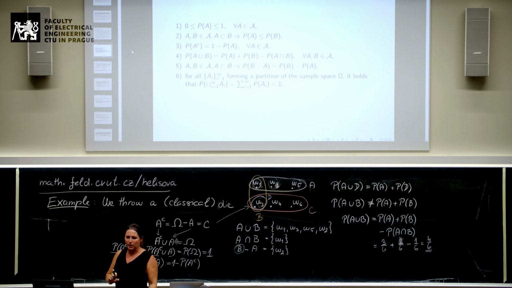So this is the way to calculate the probability of a union in general when we have general events A and B which are not necessarily disjoint.